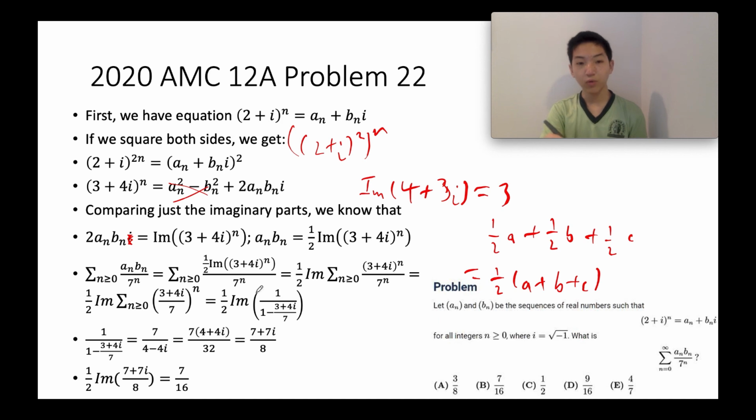So using the formula, we get 1 divided by 1 minus (3 plus 4i) divided by 7. So once again, I'll go over the formula in the next video, so if you don't know what the formula is, you don't need to worry about it. In case you're curious about it, it's a sub 1, where a sub 1 is the first term.